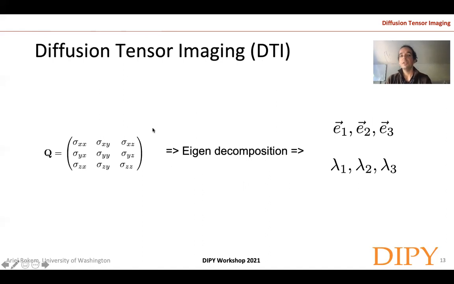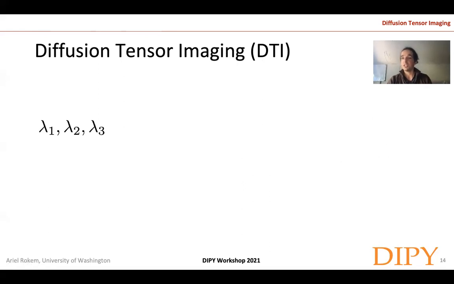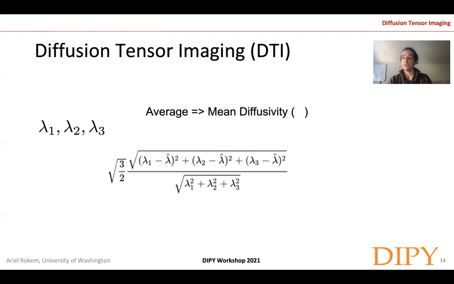Now, given this rank 2 tensor, this 3x3 matrix, you can do an eigen decomposition of this matrix and get 3 eigenvectors and 3 eigenvalues that correspond to these eigenvectors. And we can take those quantities and use them in inference. For example, we can take the eigenvalues and we can average them, and that we call the mean diffusivity.